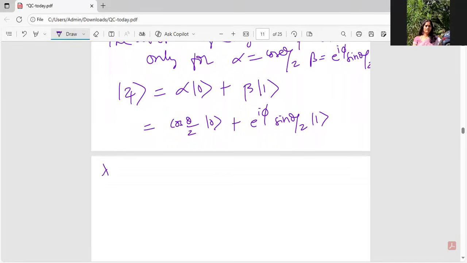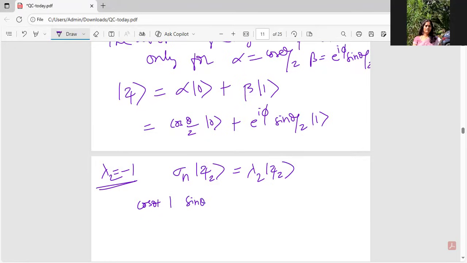Now, for lambda equal to minus 1, just see here. Sigma n ket xi 2 is equal to lambda 2 ket xi 2. Right. Now, what I will get would be, instead of cos theta minus 1, I'll be getting cos theta plus 1.